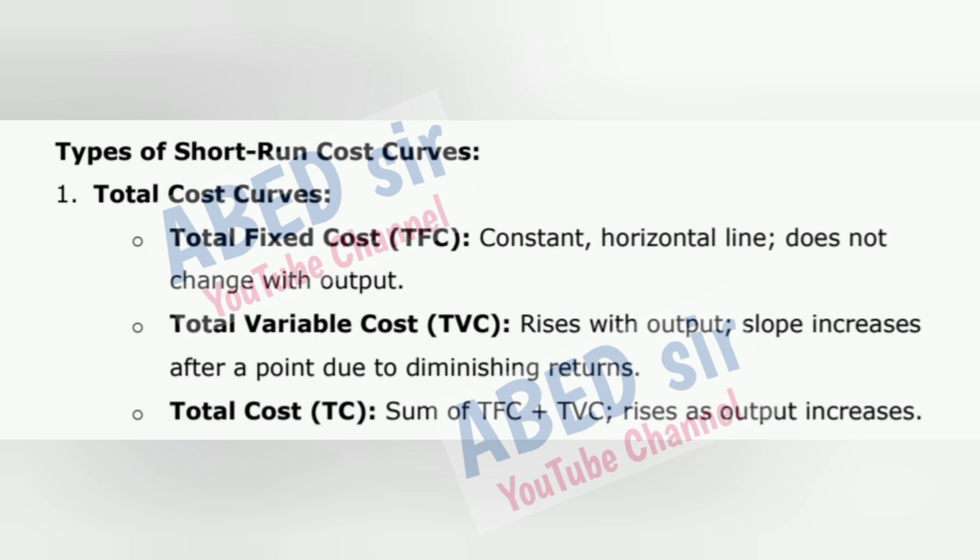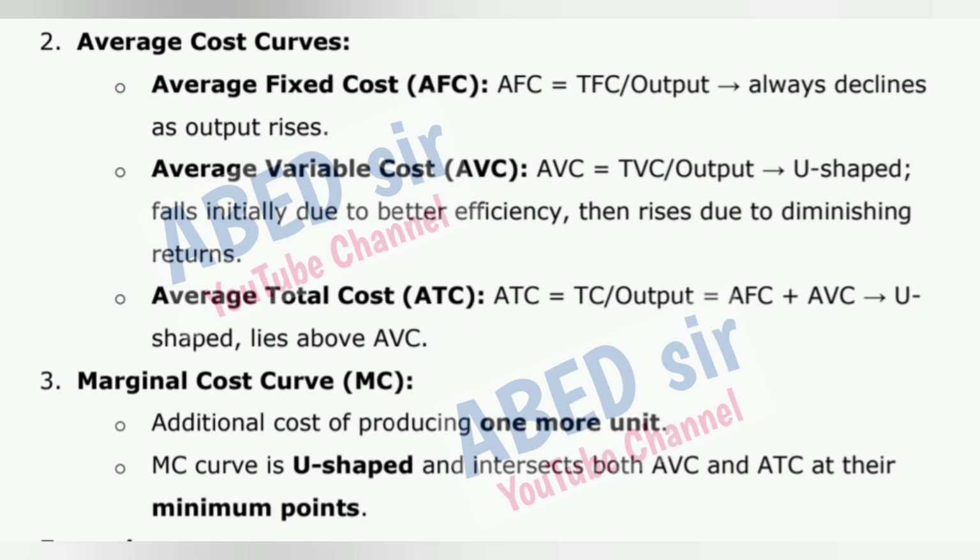Total variable cost, TVC, rises with output, and its slope increases after a point due to diminishing returns. Total cost, TC, the sum of TFC plus TVC, rises as output increases. 2. Average cost curves. Average fixed cost, AFC, is equal to TFC over output, and always declines as output rises.